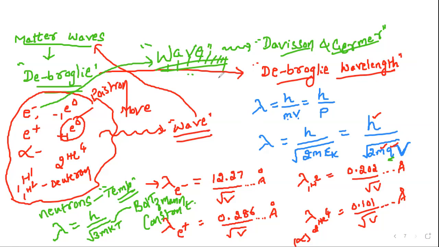And another is the Bainbridge mass spectrograph, which is used to determine the velocity of particles. But we don't use those here. So these are the formulas you have to remember in matter waves.